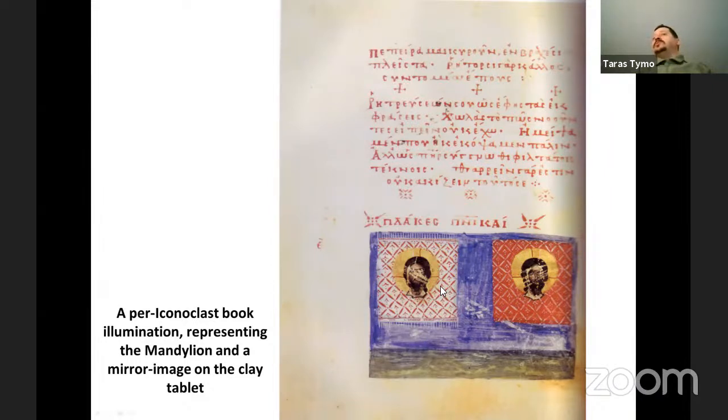And pay attention to this pattern here. It's actually a pattern of the fabric I just mentioned that was very elaborate, very expensive, and was used as a decoration for the most important relics or other settings that required the best elaborate decoration.